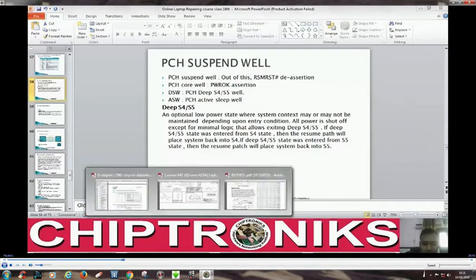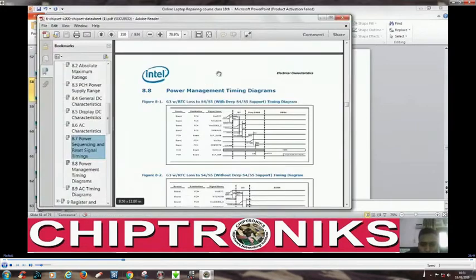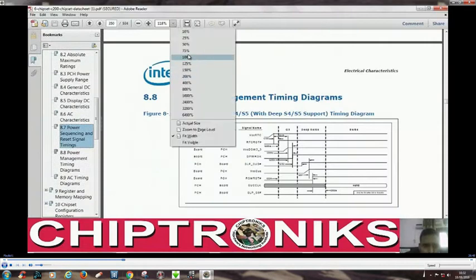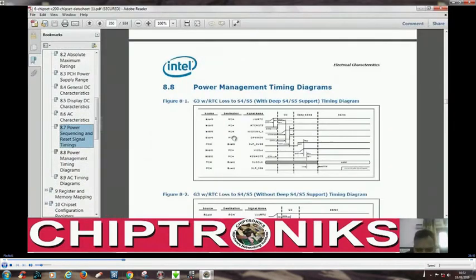But here in the HM67 kind of board, you can see just before S5 and S4 there is deep S4 S5.